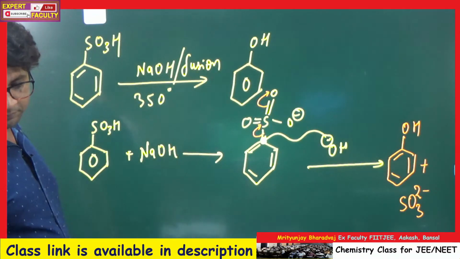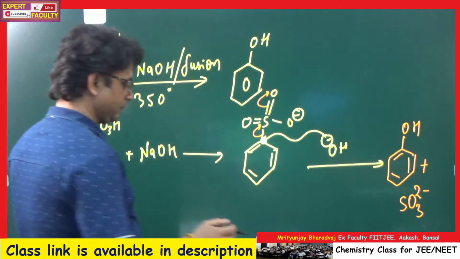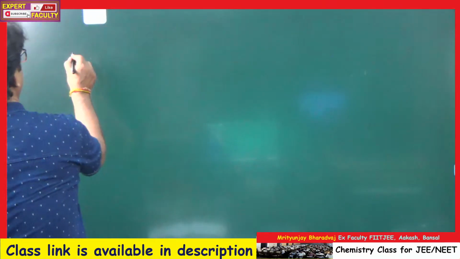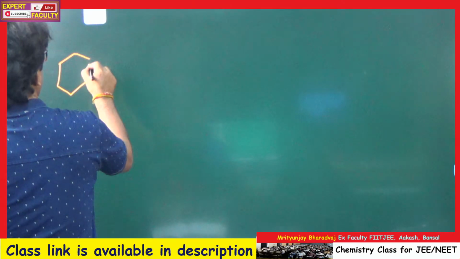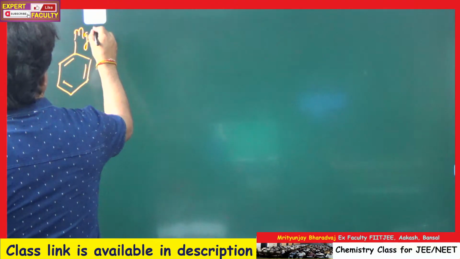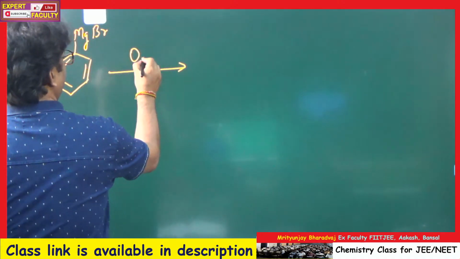Then there is a Grignard, and we want to form phenol using Grignard. Okay, so what will we do? We will react it with O2.